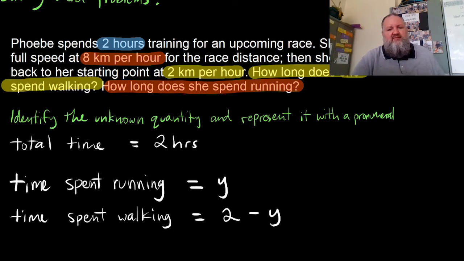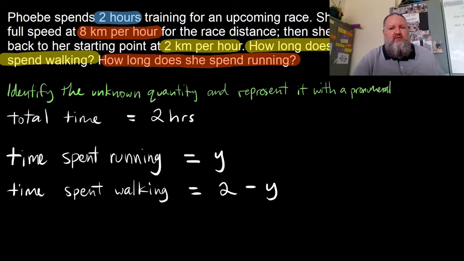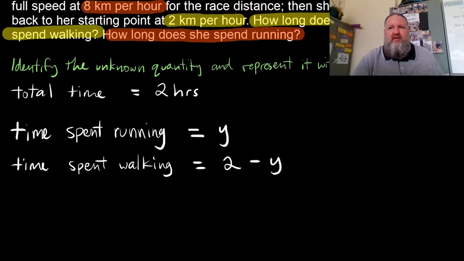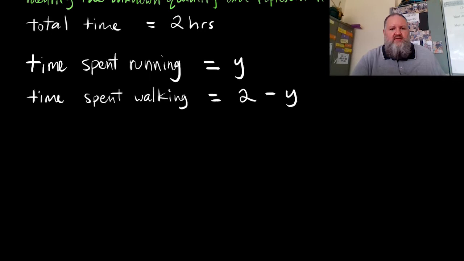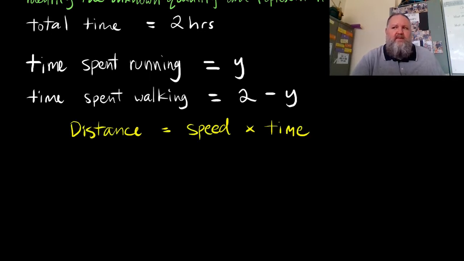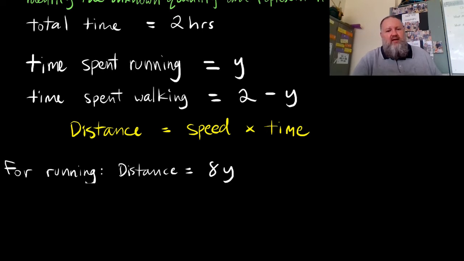All right, let's have a look at what else we need. Well, it's all about distance. The formula for distance is equal to your speed multiplied by your time. You learn that in science. So for running, her distance is equal to 8 kilometers per hour, that's her speed, multiplied by Y, which was her time.